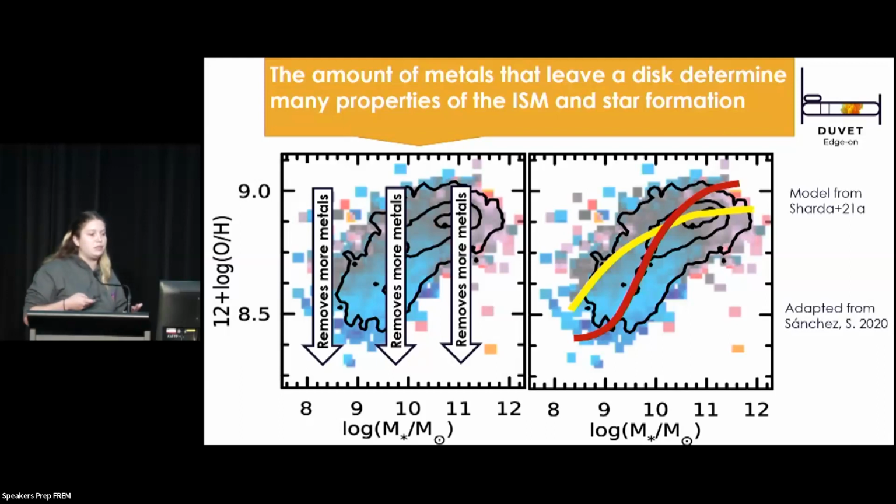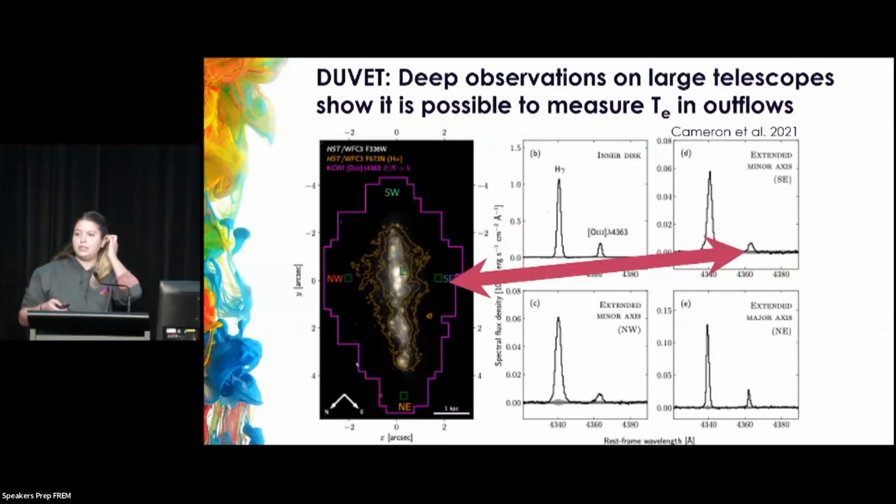So ideally, we would like to use something like the direct method. This method uses auroral emission lines like O3-4363 to get electron temperature, and from that we can measure metallicity. The problem is that these emission lines are really faint, so they are really hard to observe, and we need deep observations or large telescopes to observe them.